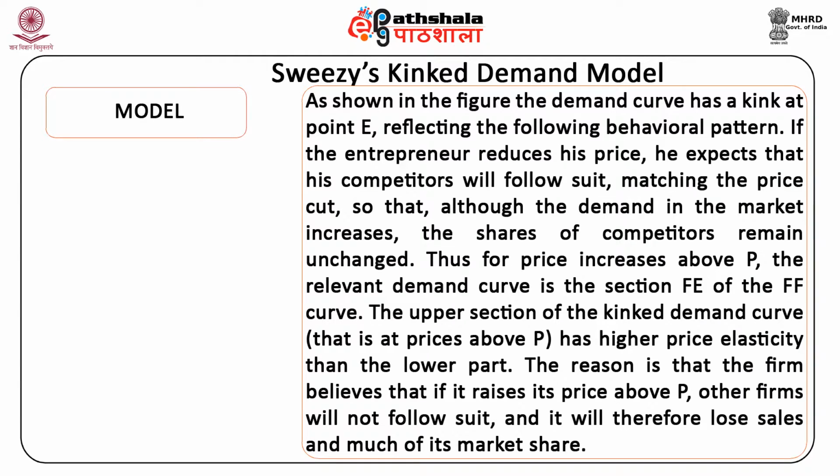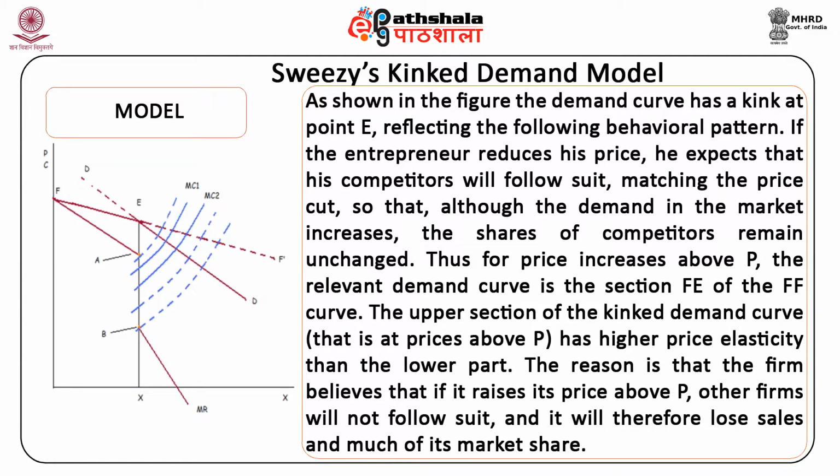As shown in the figure, so long as MC passes through the segment AB, the firm maximizes its profits by producing P and X. This level of price and output is compatible with a wide range of costs.